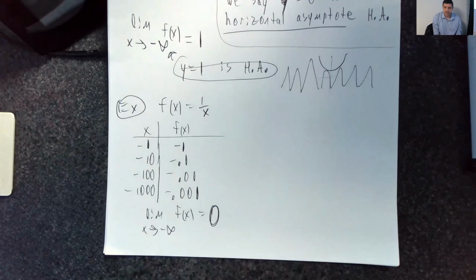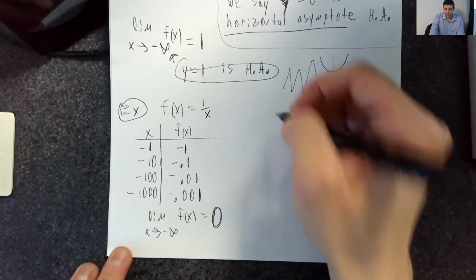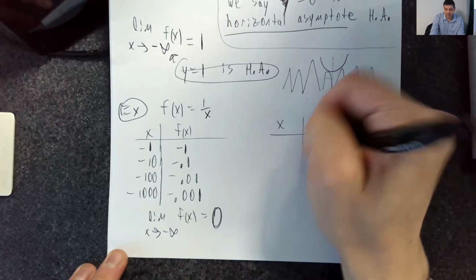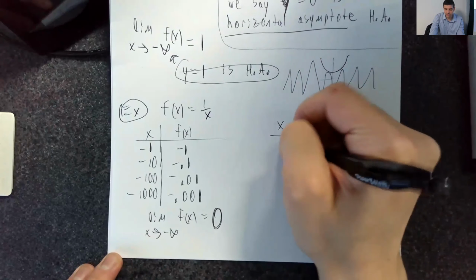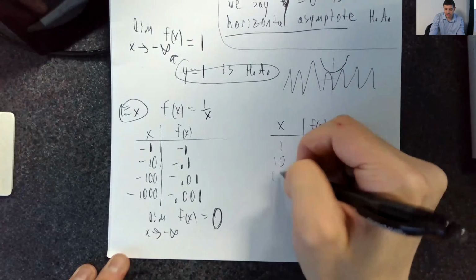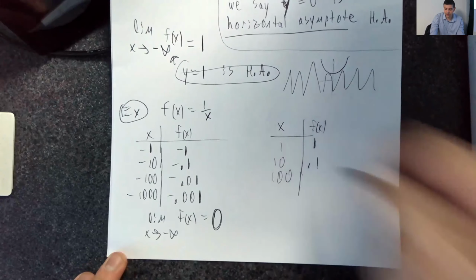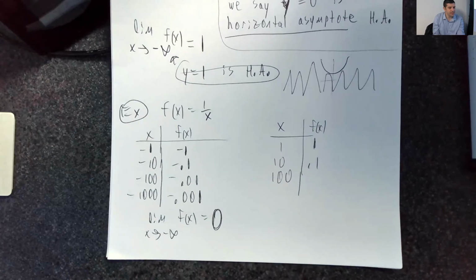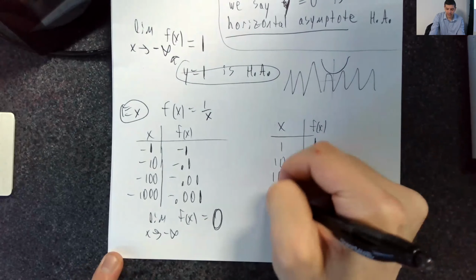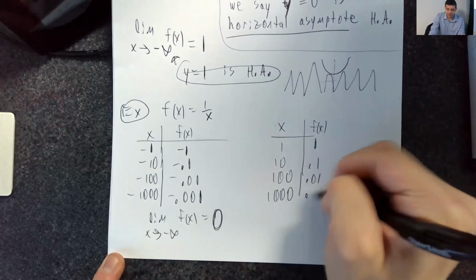Okay. So we could do a limit without a graph. I guess you can call it the calculator limit. What about if x gets big? 1, 10, 100. If I plug in 1, I get 1. 10 is 0.1. 100, we get 0.01. 1,000? 0.001.